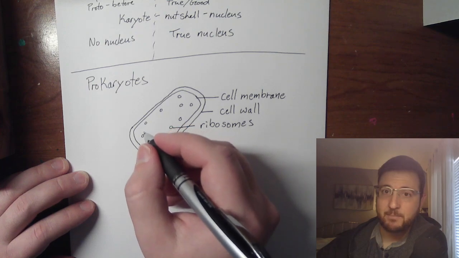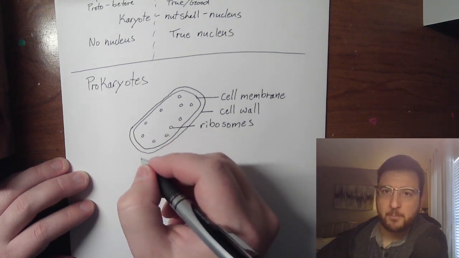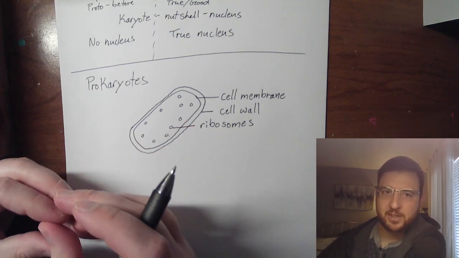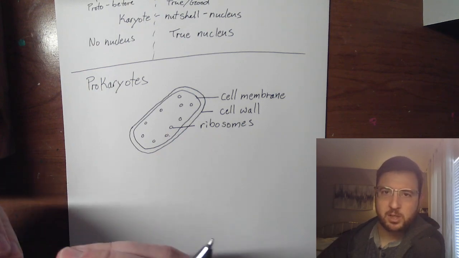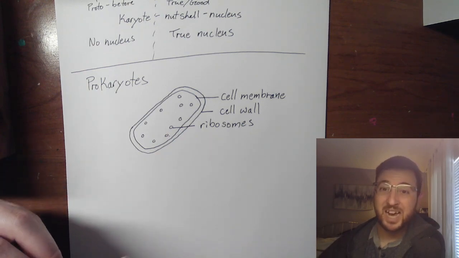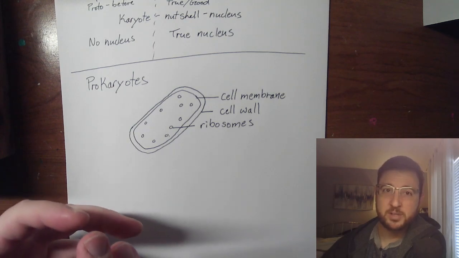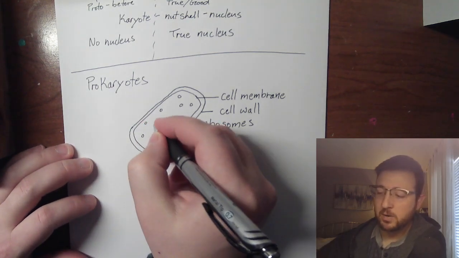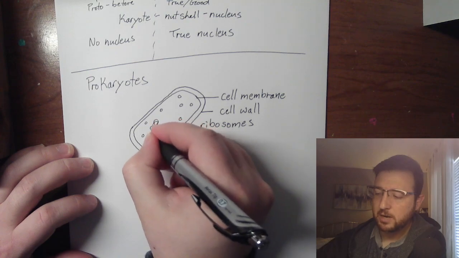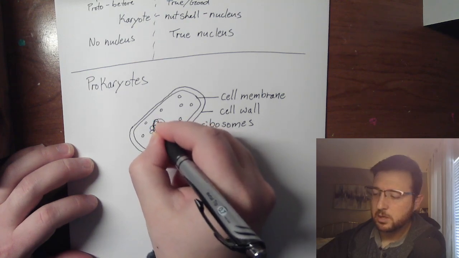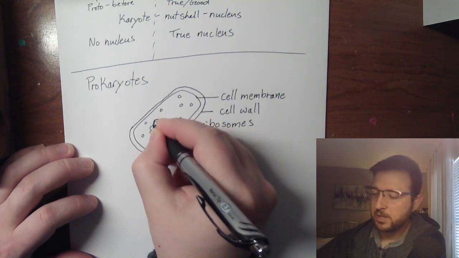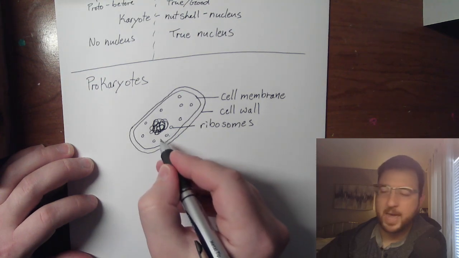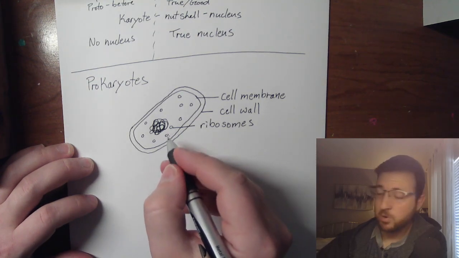This DNA makes a ring structure, but it's all kind of looped together. Like imagine having a really long piece of yarn, and then you tie up the ends, and then you kind of wad it all together. That's what's going on here in the middle. So you can make just kind of a bunch of squigglies all together in the middle and then try to connect them together. And that is the DNA for prokaryotes.